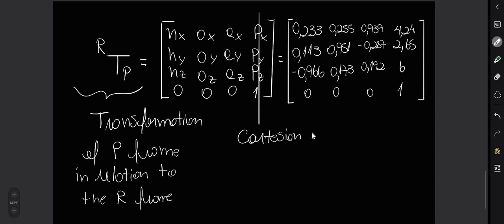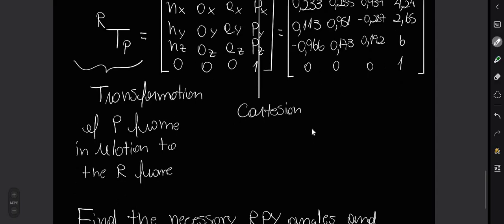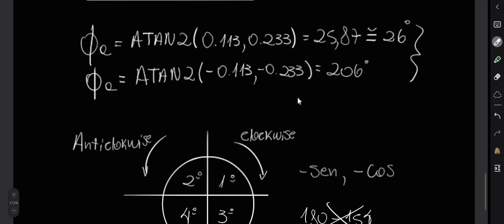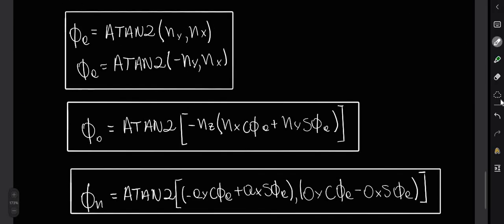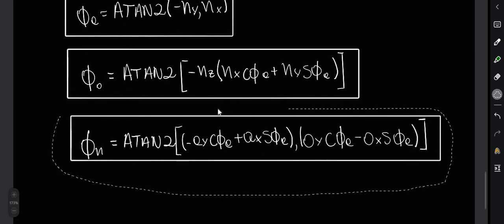So right here we can obtain position and orientation, and the angles will give us the orientation. Okay, now for the phi N angle.